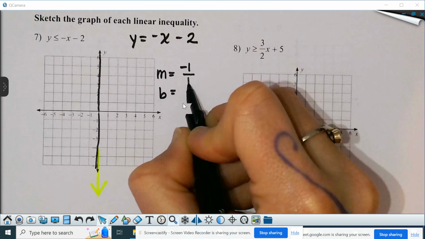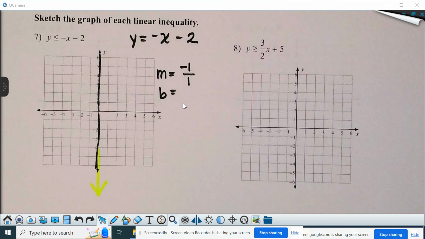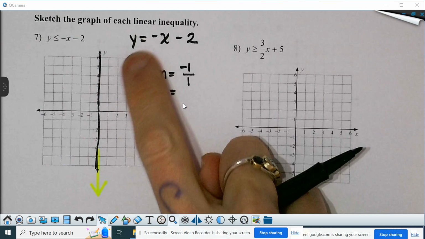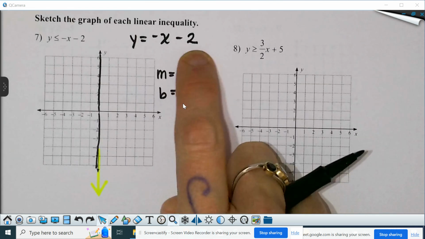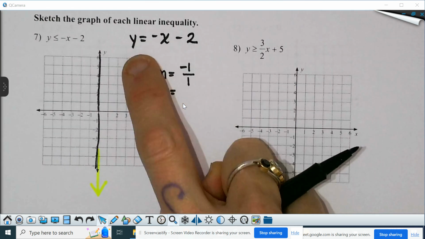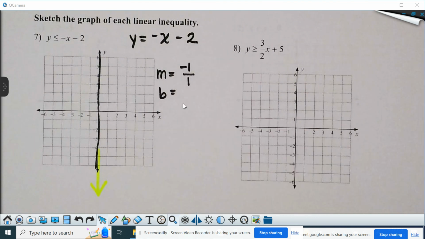And then looking at that equation, because that's a negative 1 in front of the x, what's the y-intercept? No, looking at this equation, the y-intercept, what's your b value? And y equals negative x minus 2. What's the constant? What's the number with no variable? Yep, perfect. Negative 2.